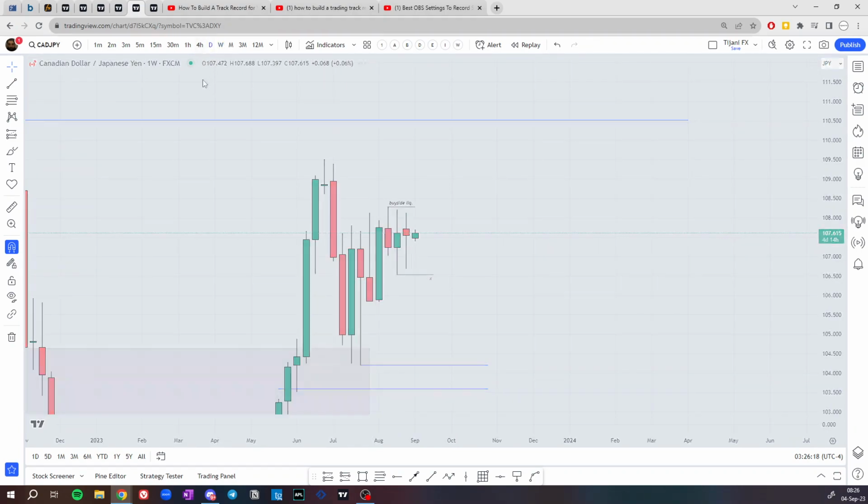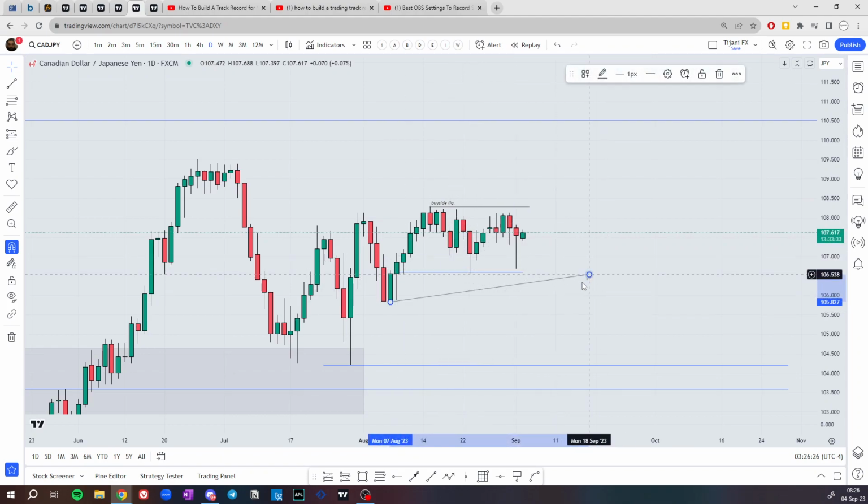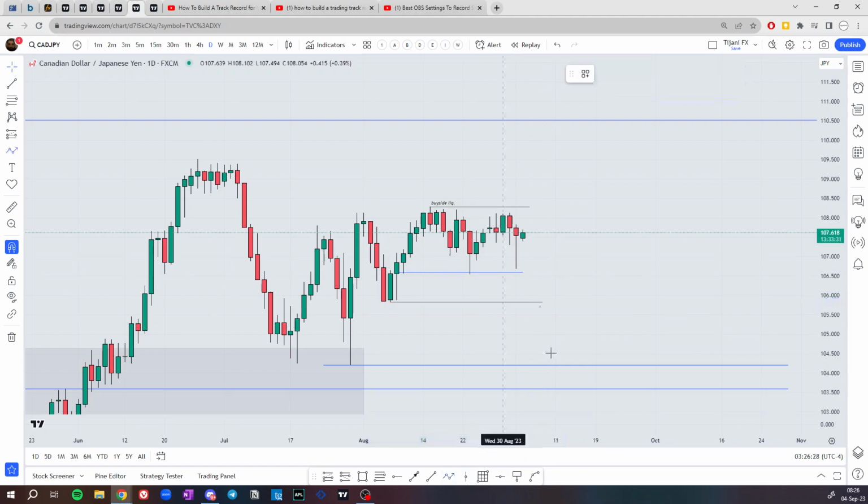But if we go to the daily time frame, this is an accumulation, and we have these equal highs, and price could just, on the next day, the Monday candle, drop lower, taking these lows here, all these lows inside this daily order block.